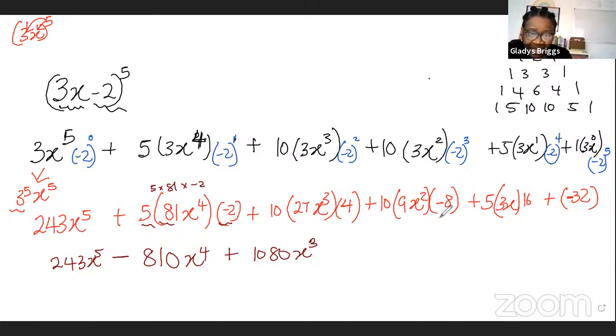I think this one will be negative now because we have negative 8. 10 times 9 times negative 8, negative 720.